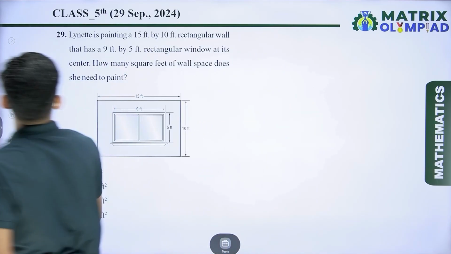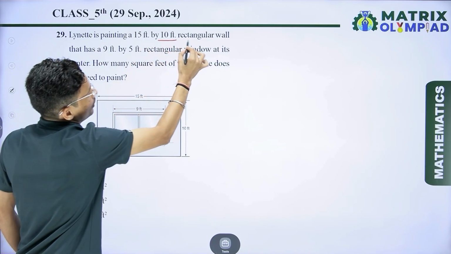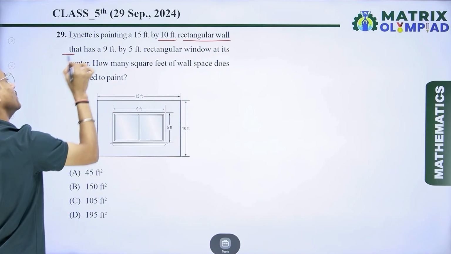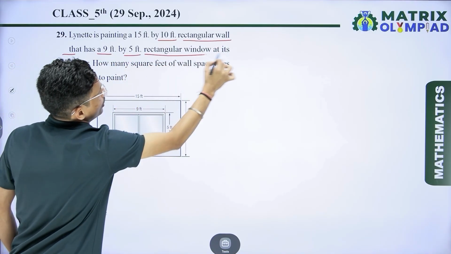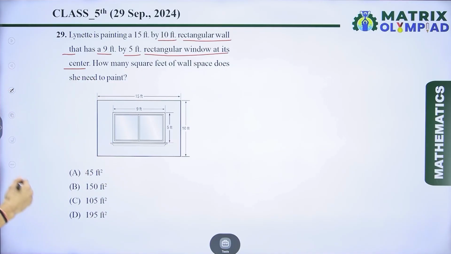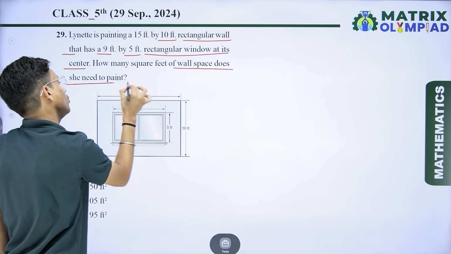Now if I talk about the next question, Lynette is painting a 15 feet by 10 feet rectangular wall that has a 9 feet by 5 feet rectangular window at its center. So how many square feet of wall space does she need to paint?